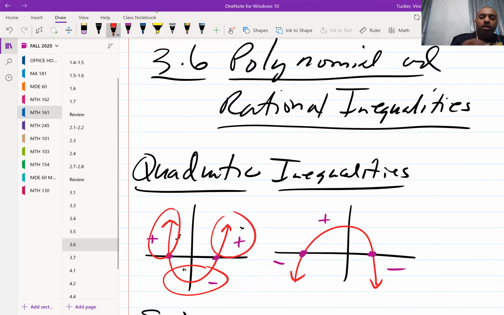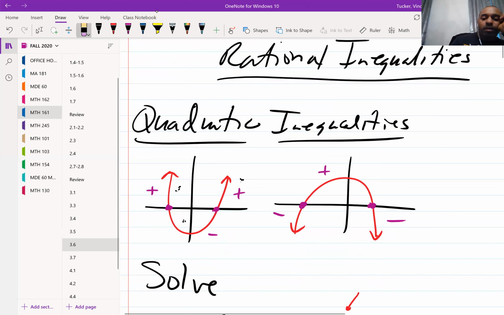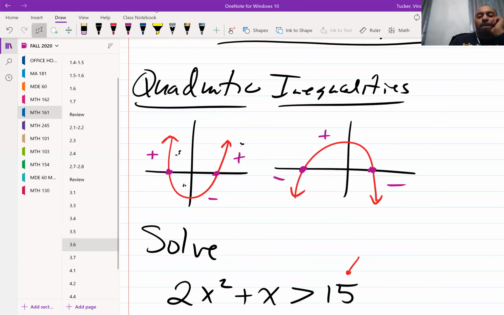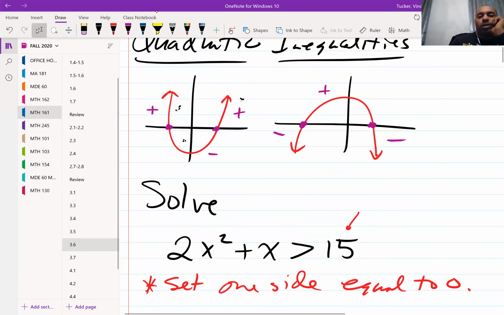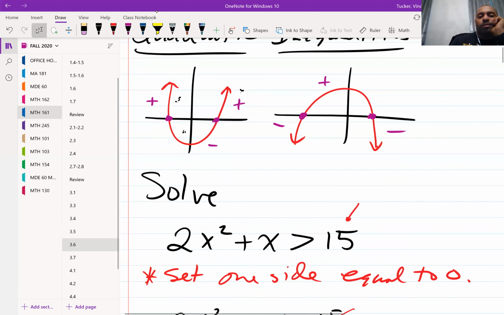Same thing with the next one. Anytime it's above those points, it's positive. Anytime it's below, it's negative. So all of your values respond that way within those intervals. That's going to matter when we go to actually solving. Everybody okay with that? Okay.